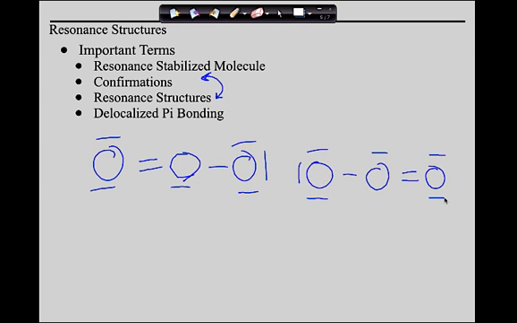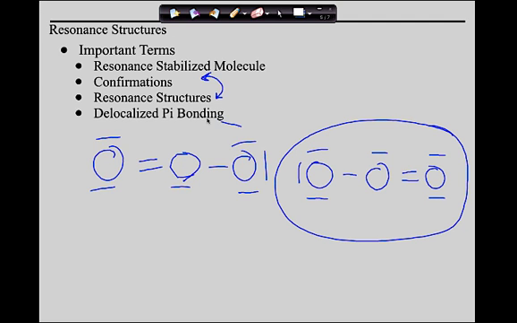It's not just those bonds; this whole thing is a conformation or a resonance structure. This whole thing is a conformation or a resonance structure. So our use of conformation or resonance does not exist in nature. It's our way of describing something.